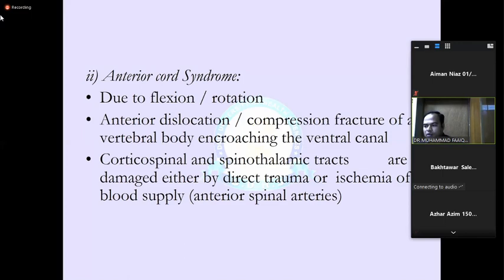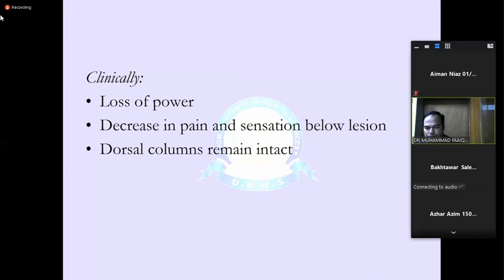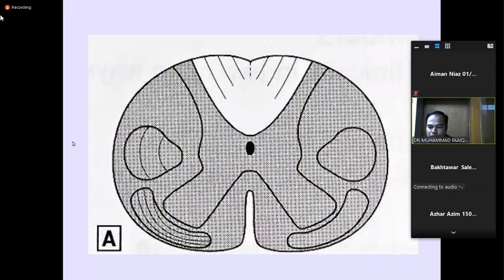Because of the lesion of the corticospinal tract, the patient may develop quadriplegia or paraplegia. And because of the involvement of the spinothalamic tract, the patient may have a deficit as far as sensory modalities, pain and temperature, are concerned. Obviously, the dorsal column will remain intact.